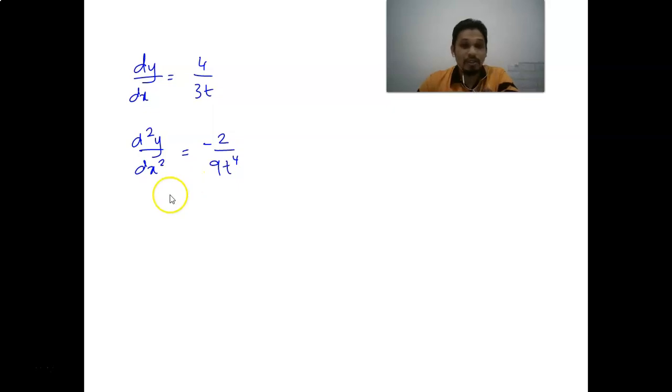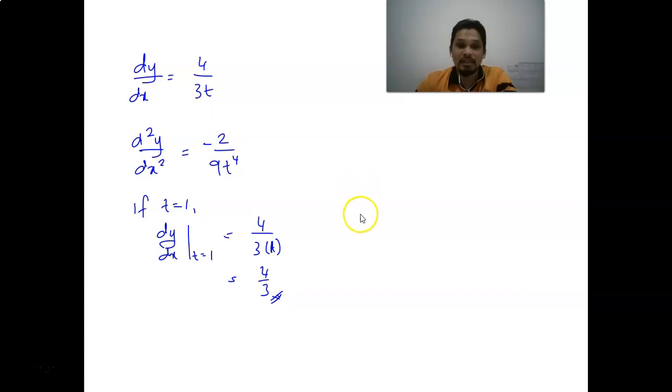So if t equal to 1, now dy dx, where t equal to 1, is equal to 4 divided by 3 times 1, which is equal to 4 divided by 3.